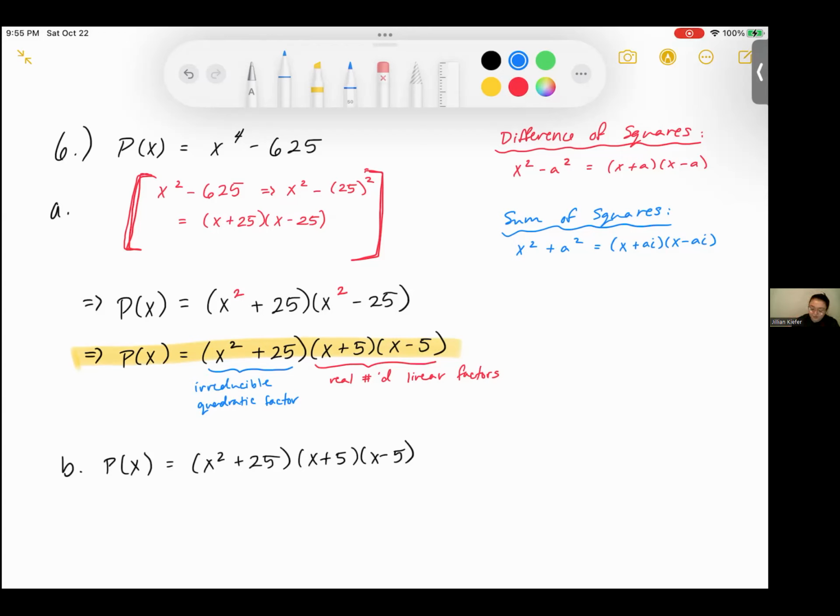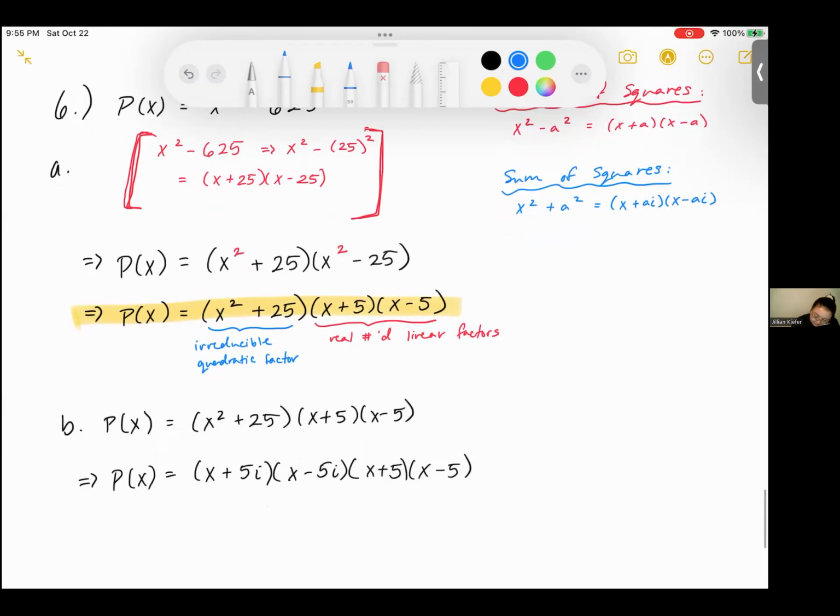So when we factor our polynomial, we get p of x is equal to x squared plus 25 would turn into x plus 5i, x plus ai, we said a was 5, and x minus 5i. And we still have our x plus 5 and our x minus 5 on there as well.